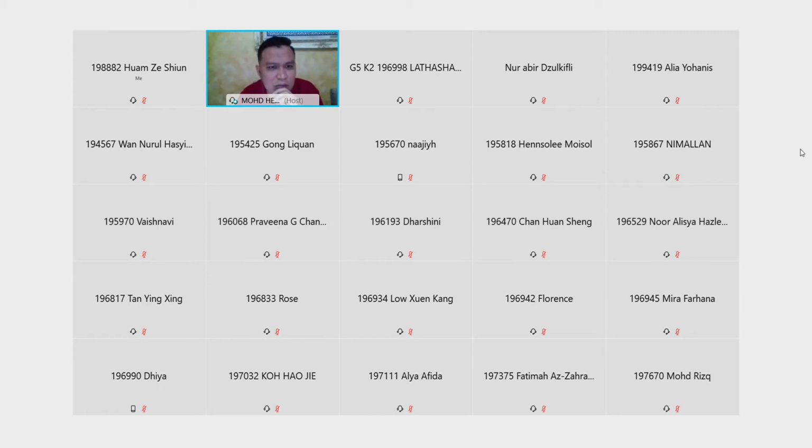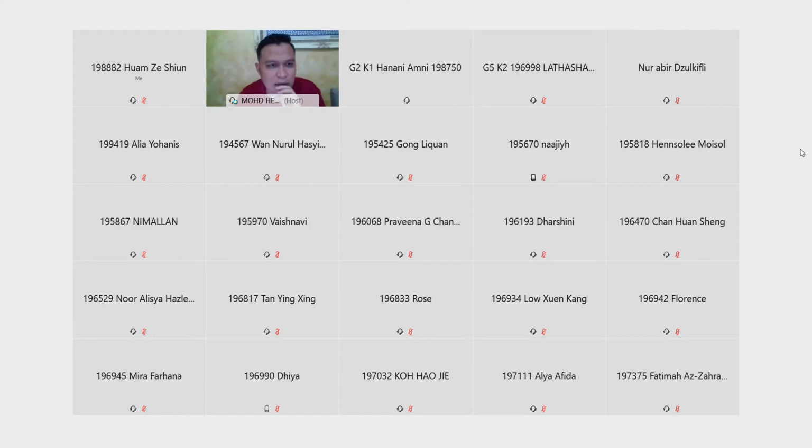I cannot open it, I don't know why. Do you have the file with you on Putra Blast? I cannot open it. Okay, never mind, I will have to replace the file later. It's okay, we continue.